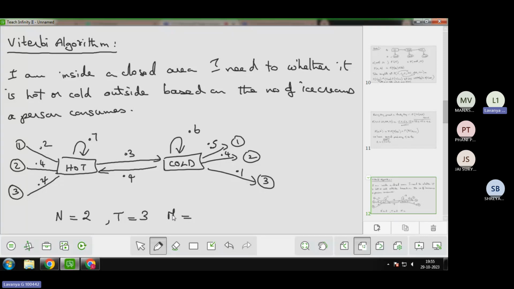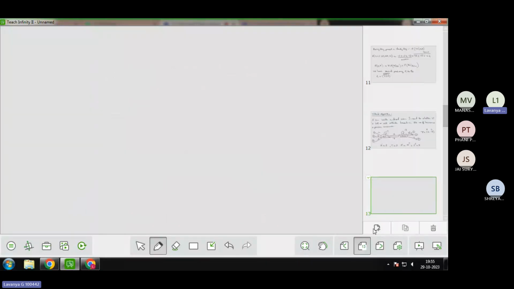Therefore, my total possibilities M is N to the power T, that is 2 cubed, which is equal to 8. Now, my initial state probability is given as 0.2 and 0.8 in the problem, where this is taken for hot and this is taken for cold. Then I want to write the transition matrix and the emission matrix. I have to write them from this figure. So let us now write our transition matrix.